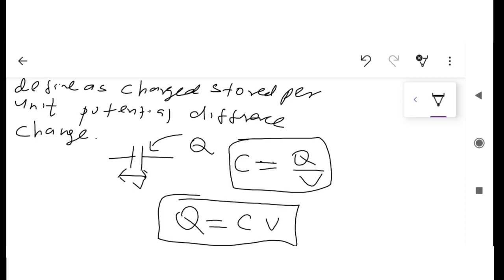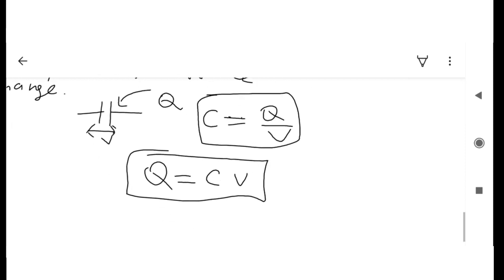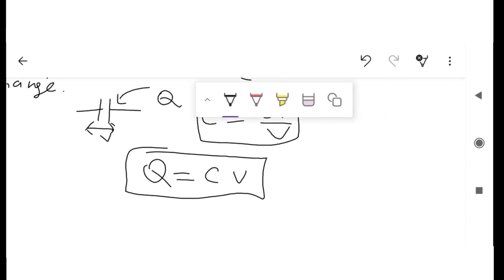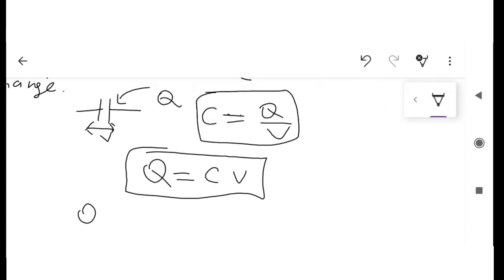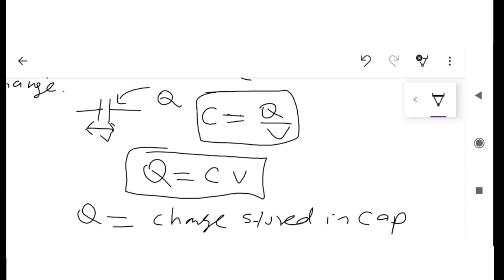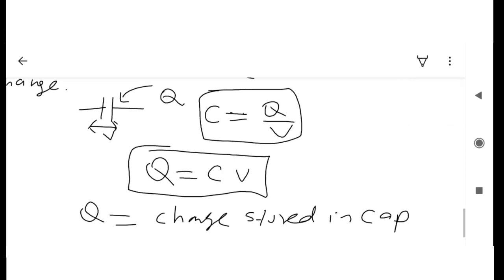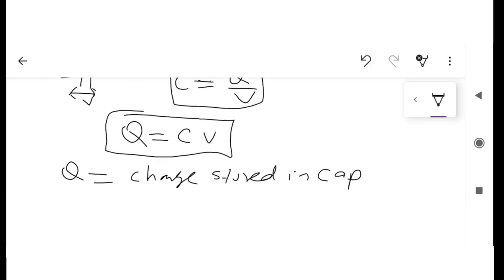Then we can define the parameters of this formula like this. Q means the charge stored in the capacitor. Next one is C. You know the meaning of C: C is the capacitance of the capacitor.